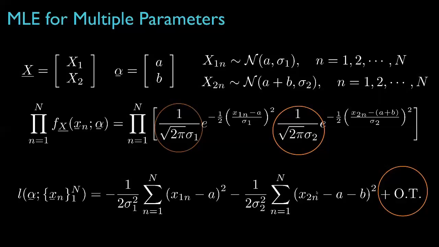And a sufficient condition for it to be a maximum is that the matrix of second derivatives be negative definite. The k equations are to be solved for the k maximum likelihood estimators theta 1 up to theta k.